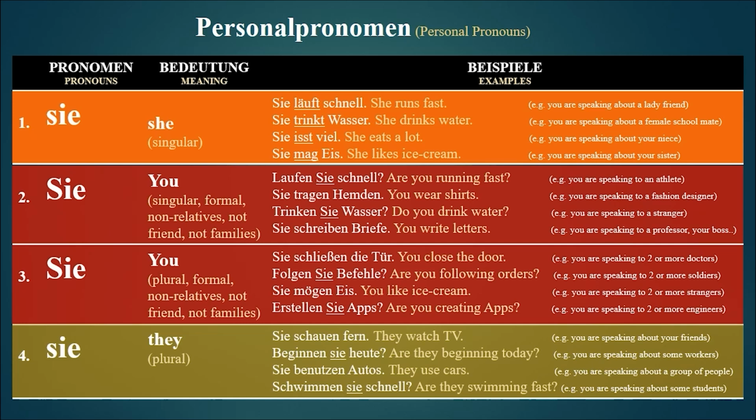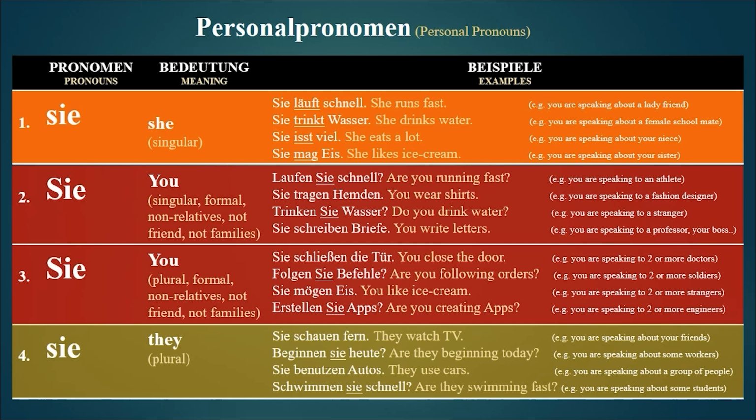Another sie finally stands for they, referring to a group of people you are addressing. So for instance, we have sie schauen Fern. They watch TV. Probably you are speaking about your friends. Then beginnen sie heute. Are they beginning today? I'm speaking to or about some workers. Sie benutzen Autos.